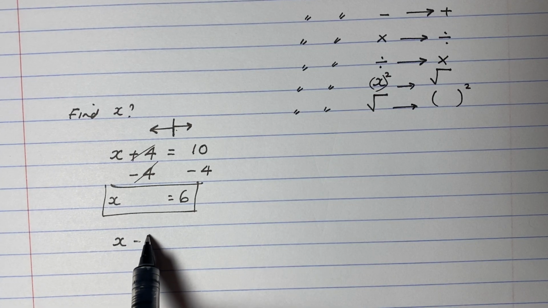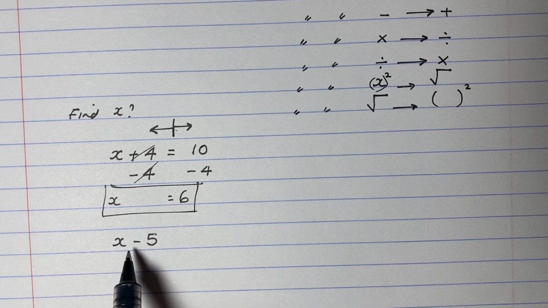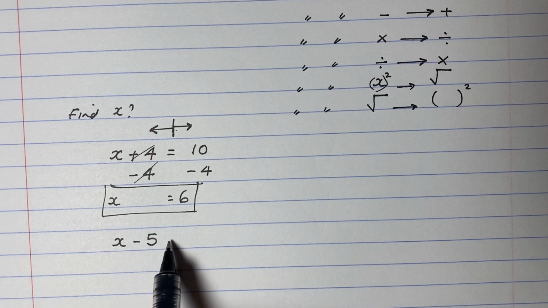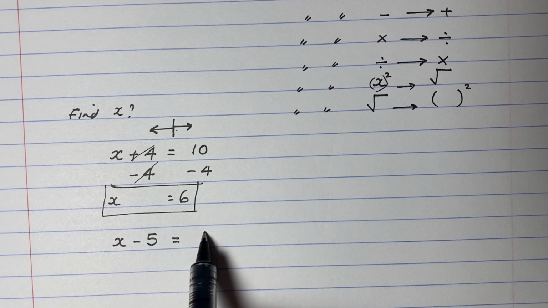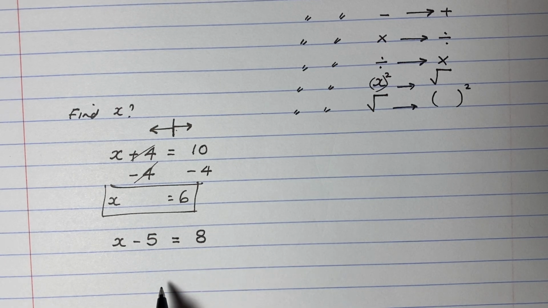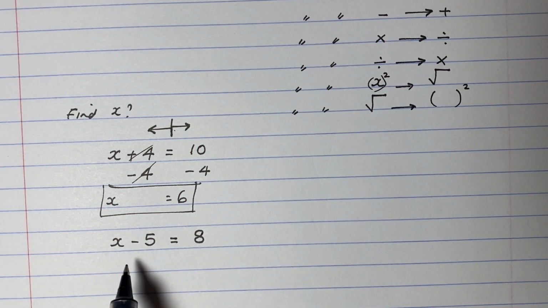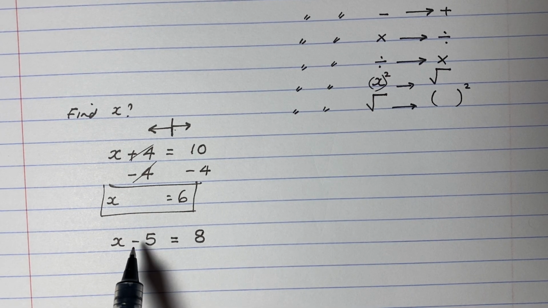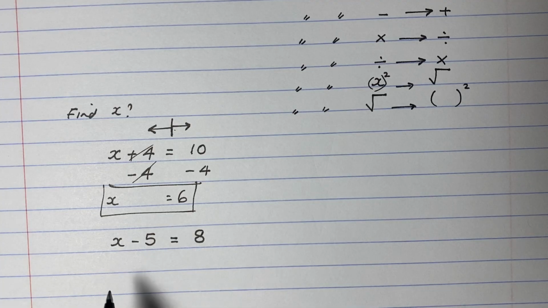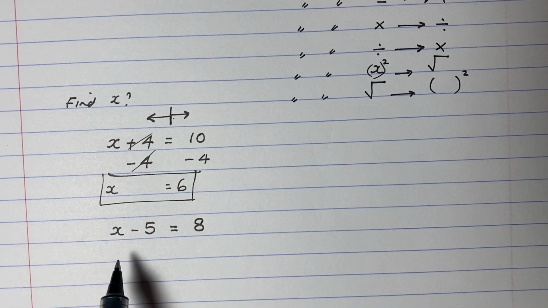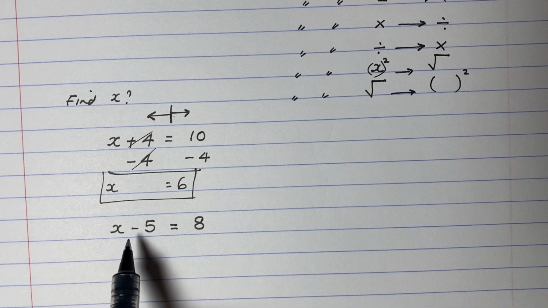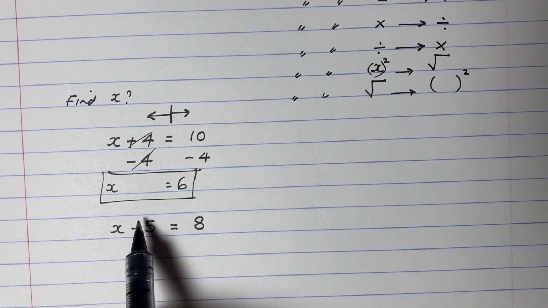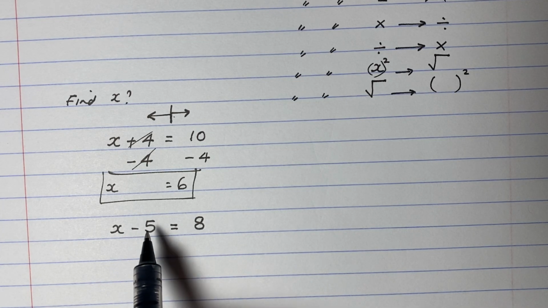If it's a negative number, or x take away something equals, for the sake of argument, 8, you need to go to the side where there is x. x could be on the right hand side, could be on the left hand side. On this occasion, x is on the left hand side. You need to get rid of negative 5 or minus 5.